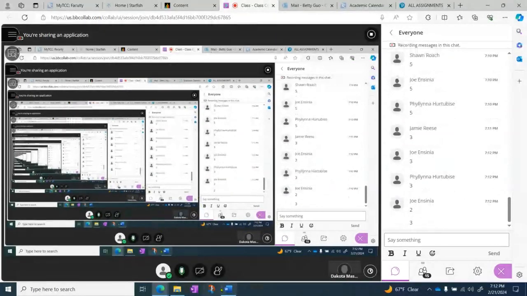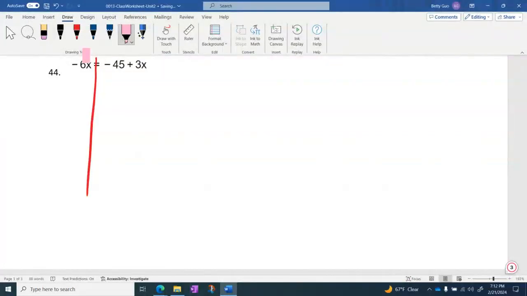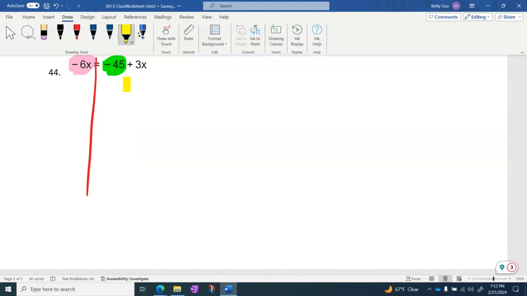In the equation, we have 3 terms. On the left side, 1 term. On the right side, we have 2 terms. This color. All right?